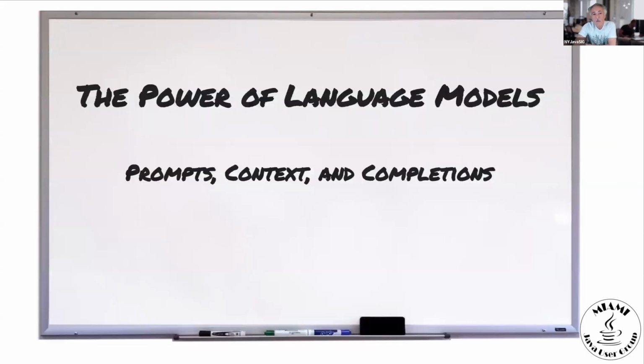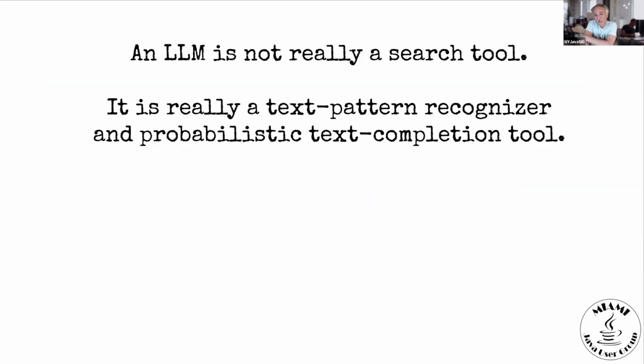Okay, so these are the basics, and I'm sure some of you know about prompts and completions, but let's talk a little bit about this all-important term called context. The first thing is that a language model is not really a search tool. And I know that when I see people that don't understand what generative AI is, they'll use it like a search engine.